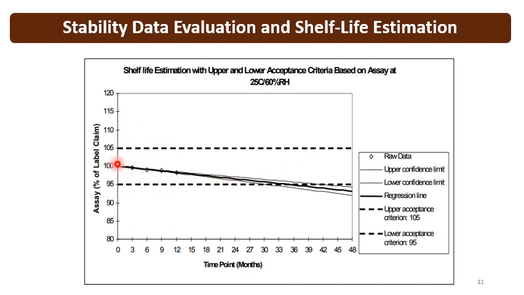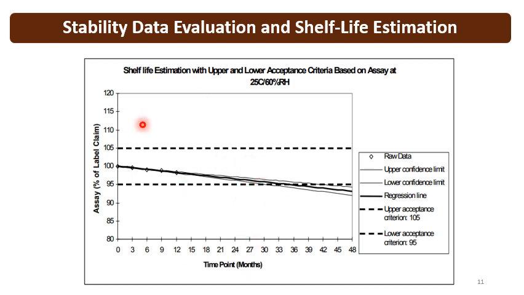If your initial value is 100 and the product is kept at the long term stability condition, then in how much time does it come down to 95%? By the figure you can see here that it might be around 36 months, or with the lower confidence limit it might be 27 months.